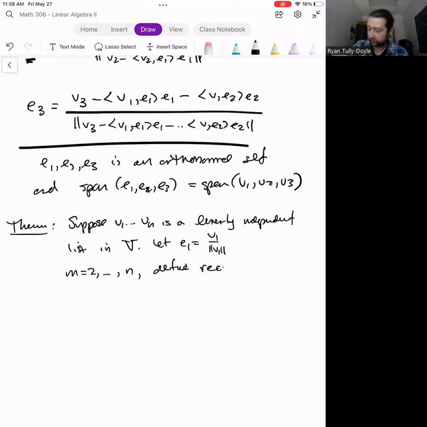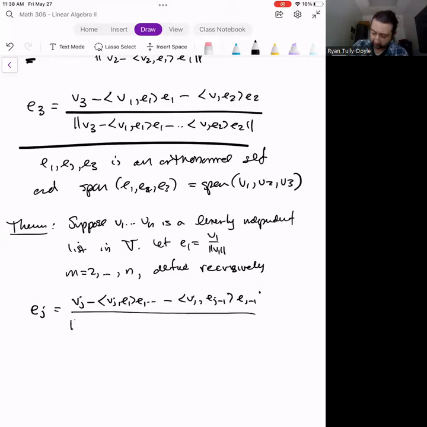So define recursively: Ej is equal to the jth vector minus the projection of Vj onto E1, minus the projection of Vj onto Ej minus 1. And then take all that and make sure it's a unit vector.